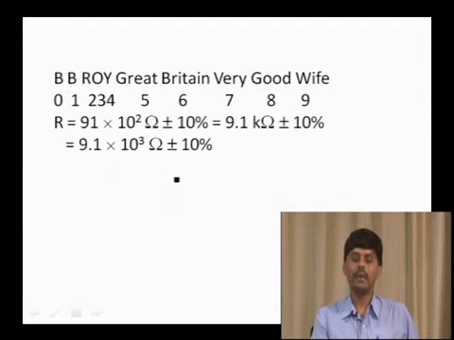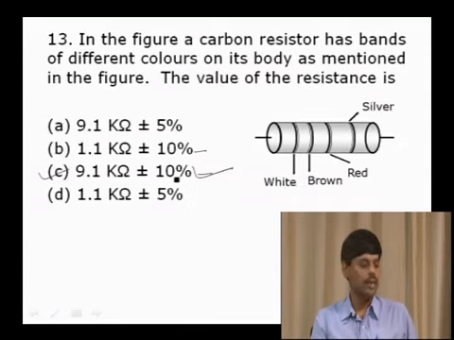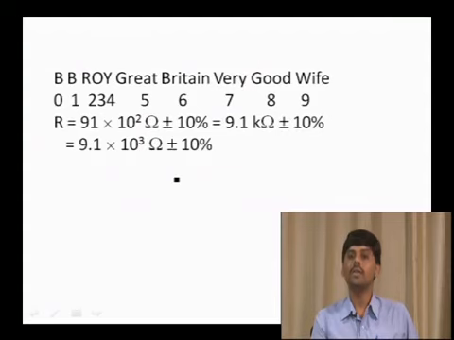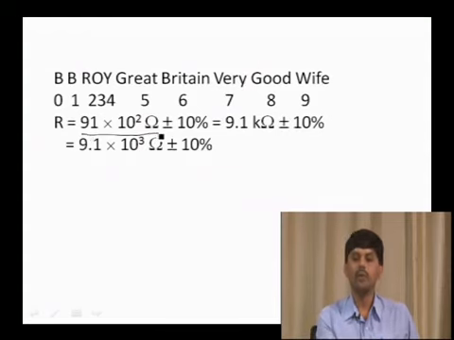Okay, here the first color is white, white has 9, therefore I am taking 9 as the first significant digit. The second color is brown, brown is 1, the second digit, that is 91. The third band is red, red means the value is 2, therefore 10 power 2.